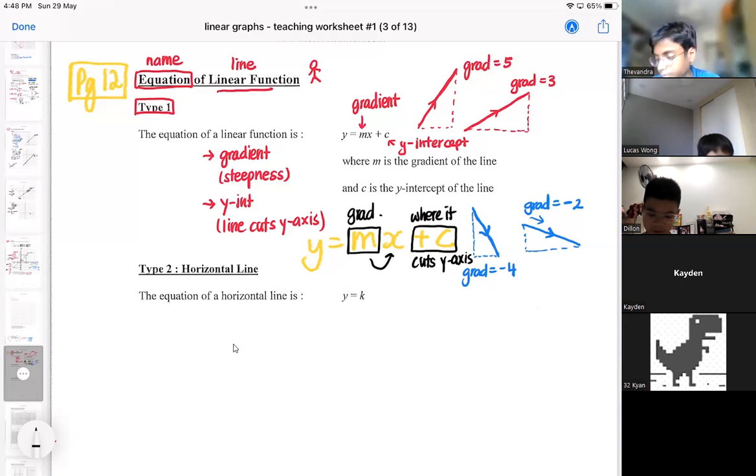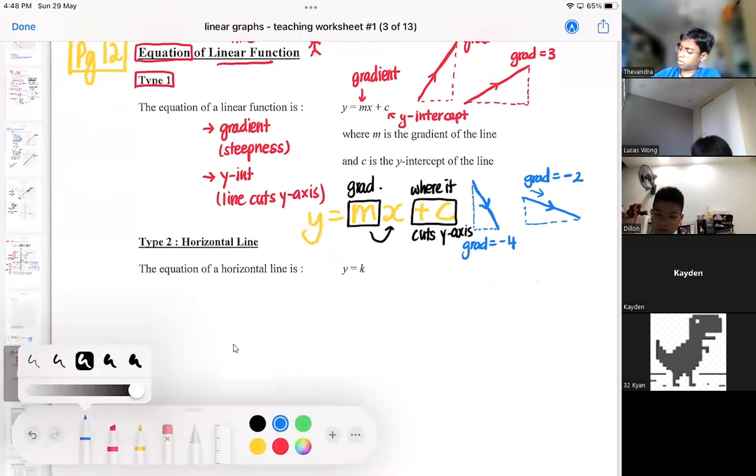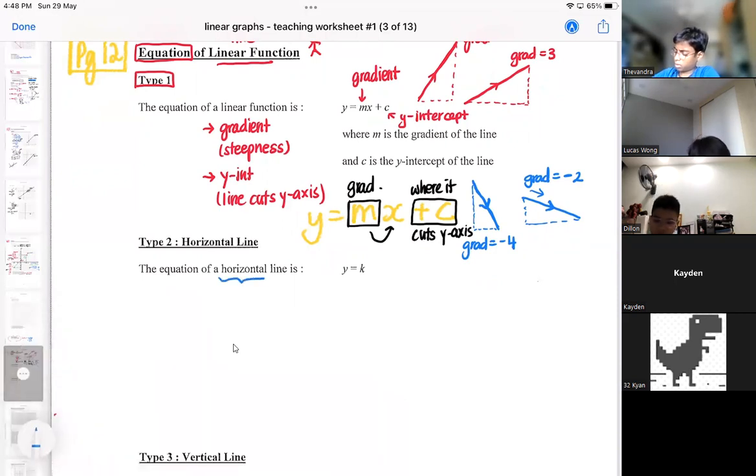So this is the most common type of linear function. The other two are separate. First, a horizontal line, which is totally flat. How does a horizontal line look like? It looks like this.